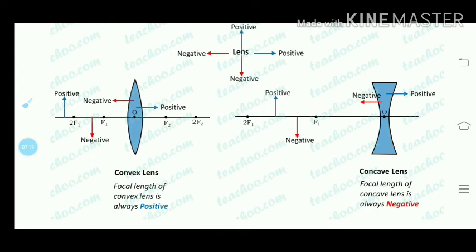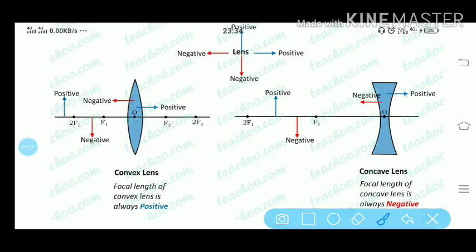Rule number 4. Heights above the principal axis are positive. Now suppose this lens is our O, optical center. If we are measuring above this, it is positive. If we are measuring towards the right, that is the direction of the incident rays, all the distances are positive.